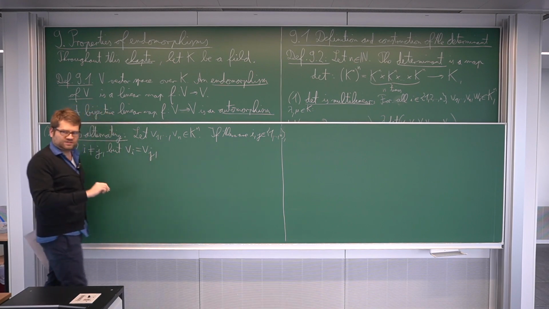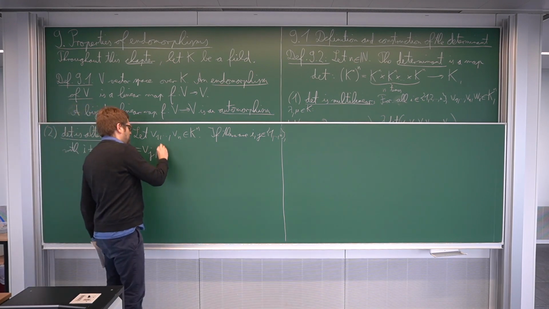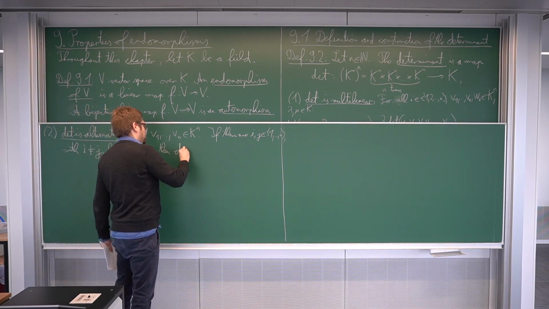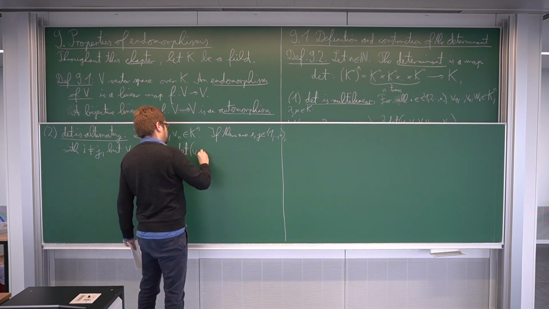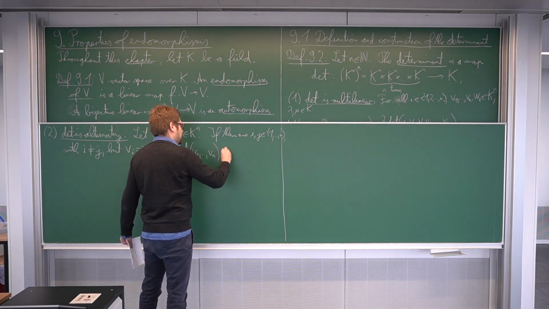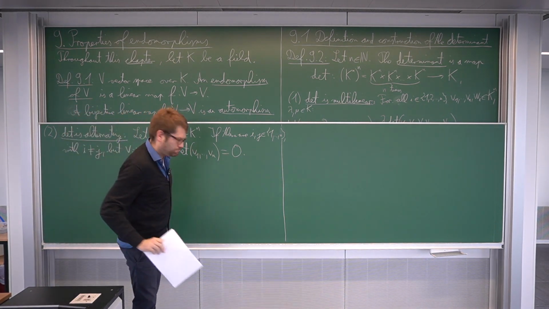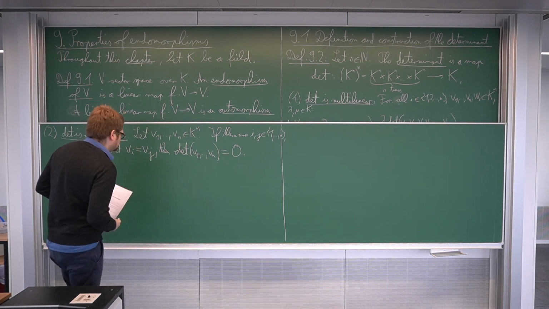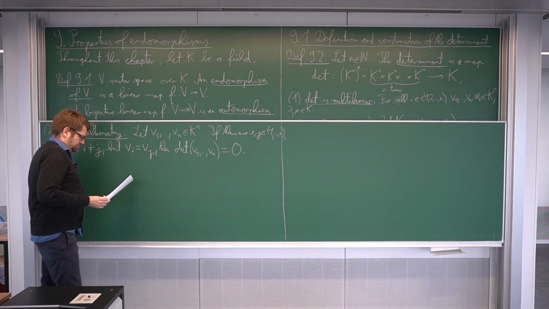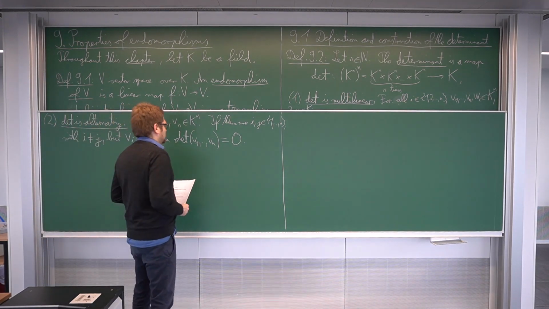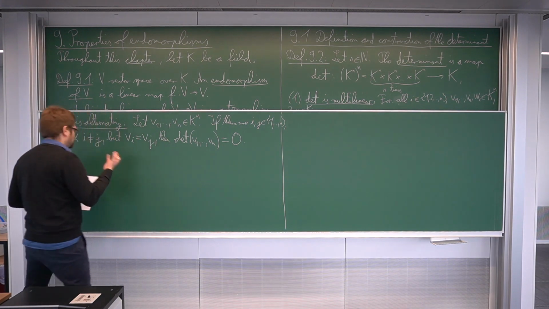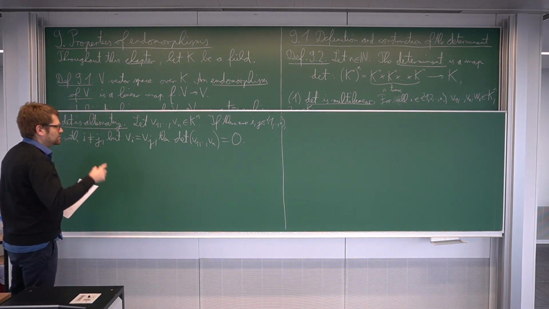So if two of the inputs are the same, then I want that the determinant of v1 to vn is always 0. So as soon as two coincide, boom, 0. Okay, so this is not that intuitive at this moment, but this is what I demand.